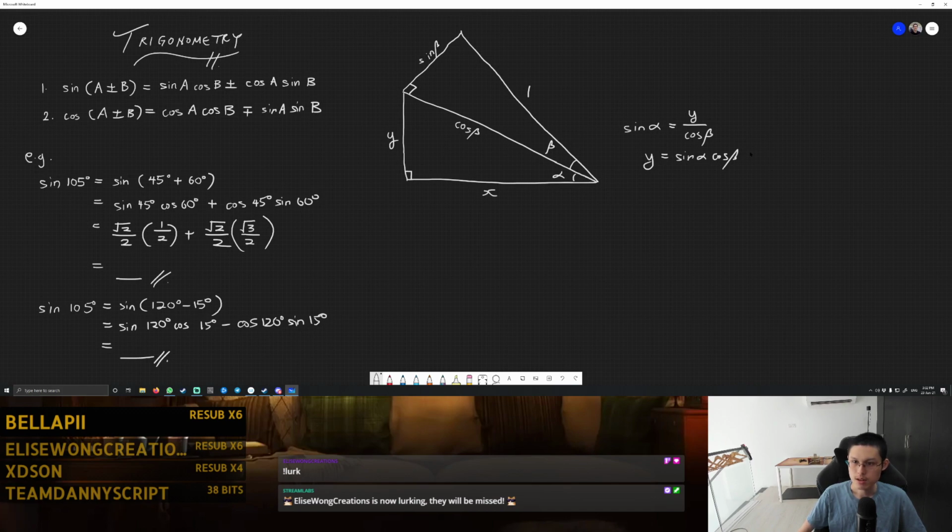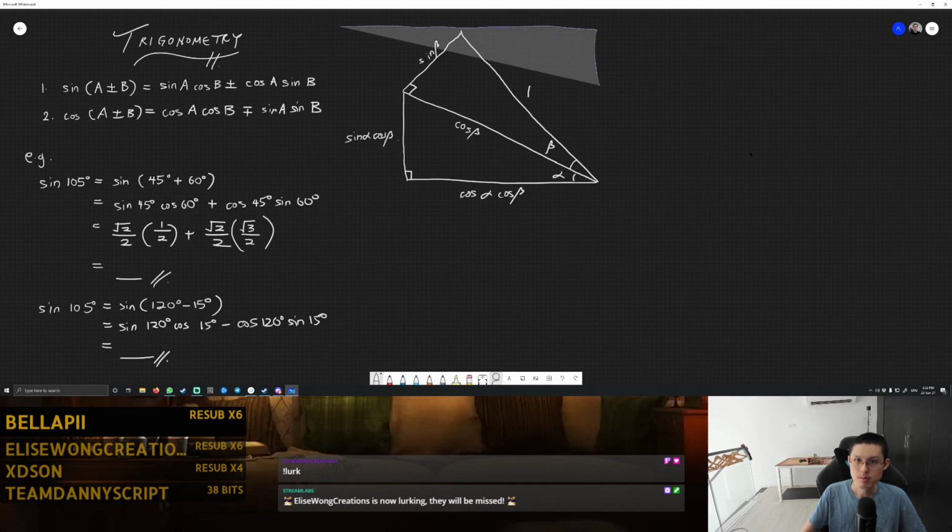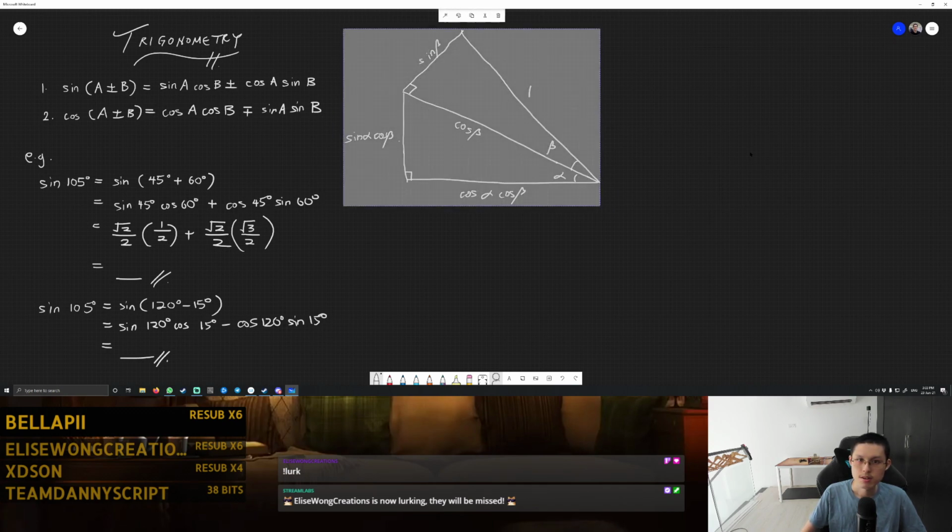Doing the same for x, cos alpha is adjacent over hypotenuse, so x is cos alpha cos beta. Now we can replace these with cos alpha cos beta and sine alpha cos beta. We are kind of getting there. Let me move this down here.